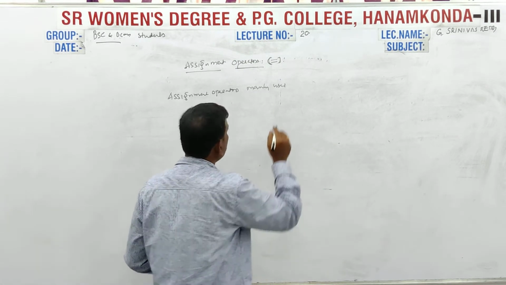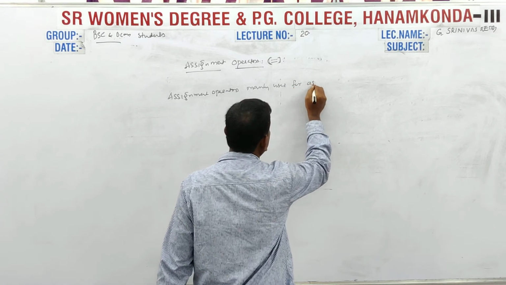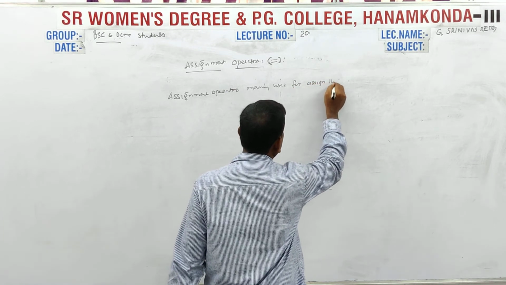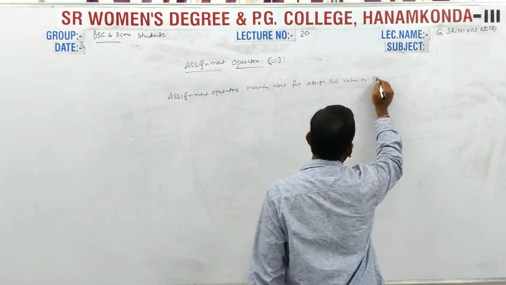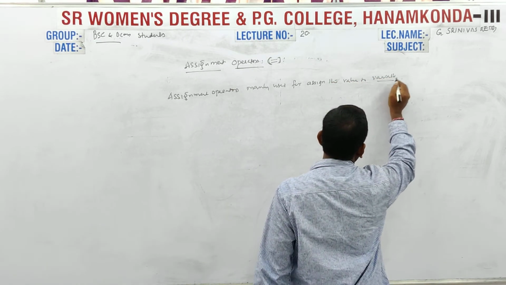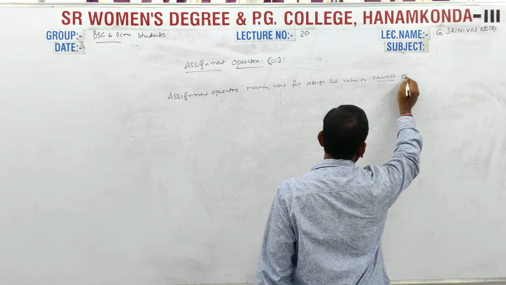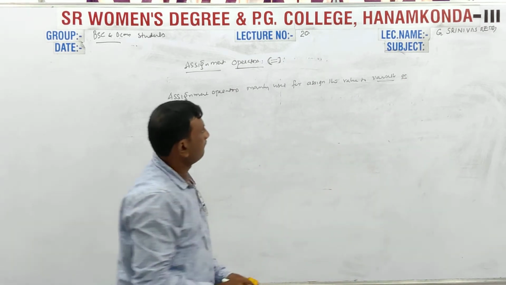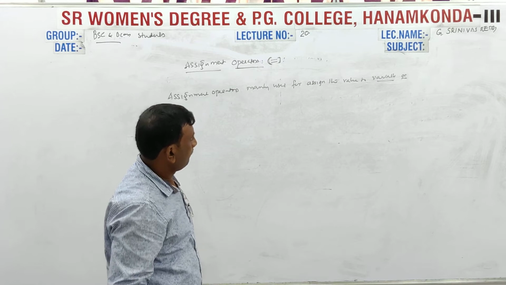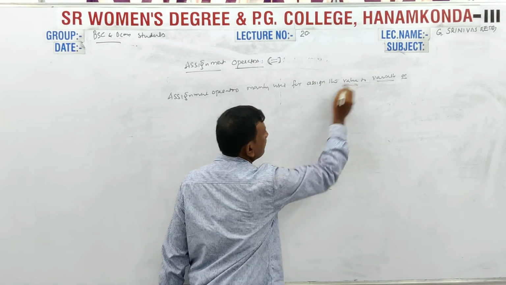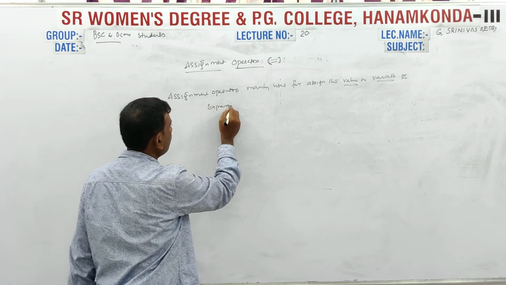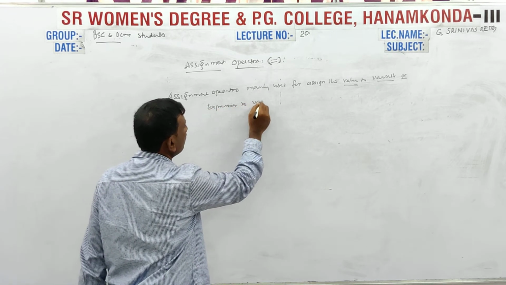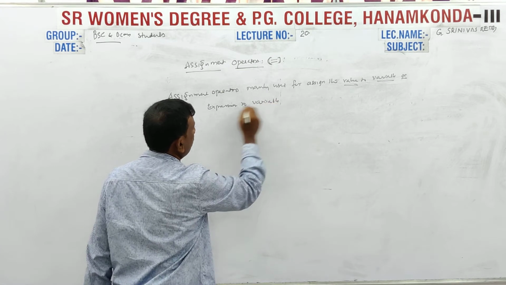Assignment operators are mainly used to assign a value to a variable or an expression to a variable.